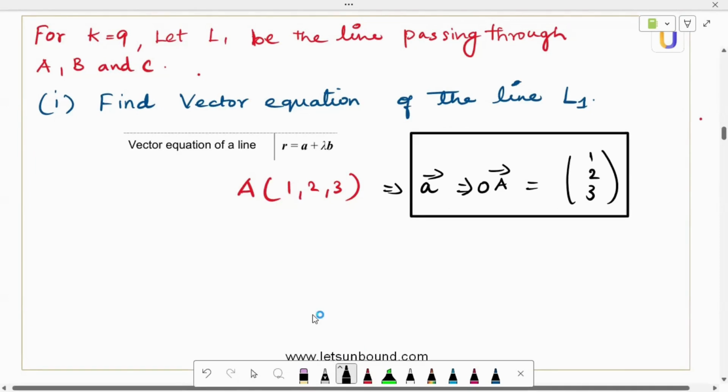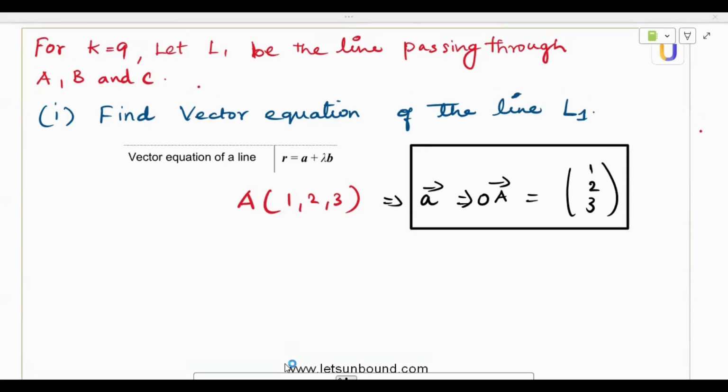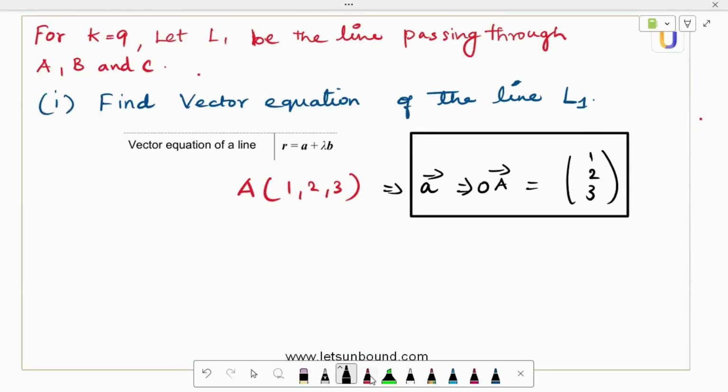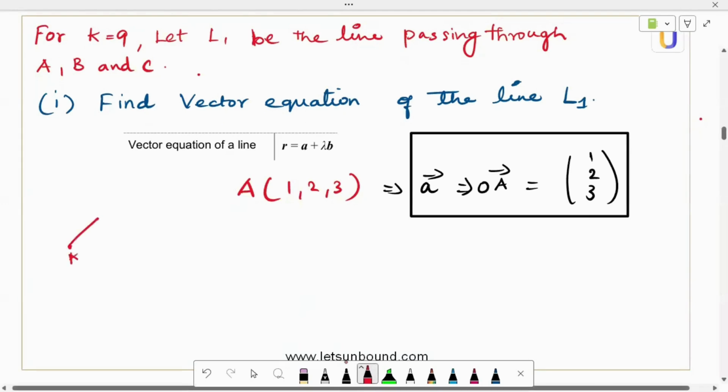Then coming to the B vector, it should be the vector which, okay, we imagine this is our line, A and B and C. So I have considered the position vector from the origin, this OA vector. Then the full AC vector we have to consider.